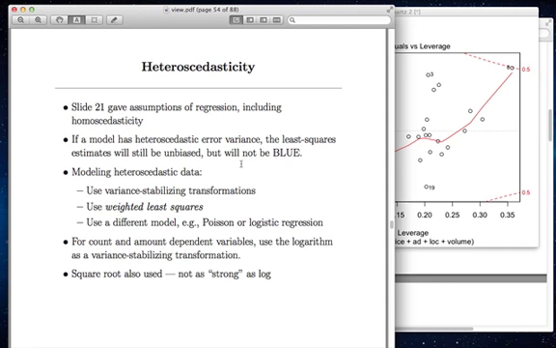I'm not going to say a lot on heteroscedasticity. Sometimes when I teach this, I will prove some of these results, but the math gets fairly complicated, and I don't plan to do it in this video at least.